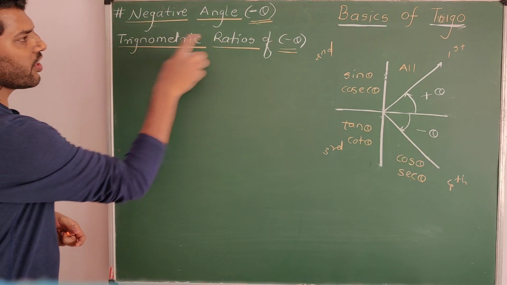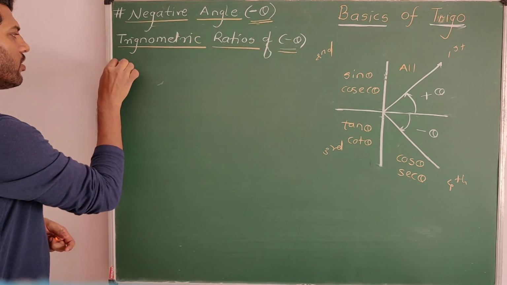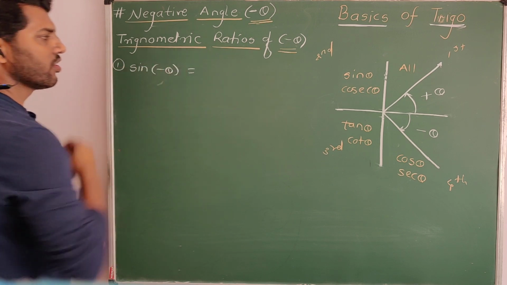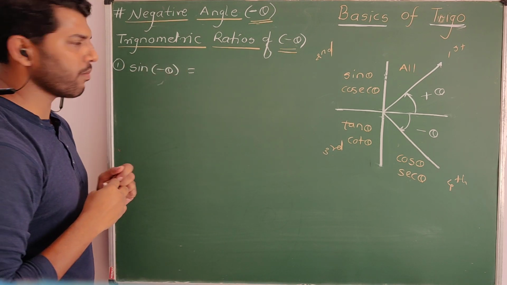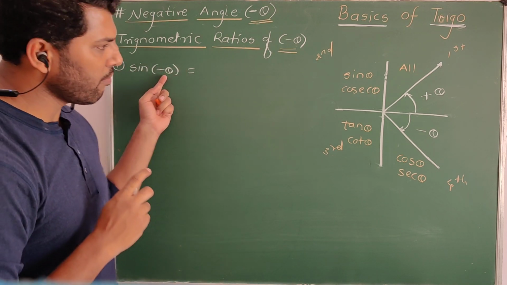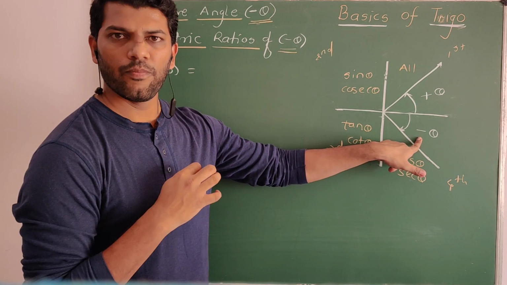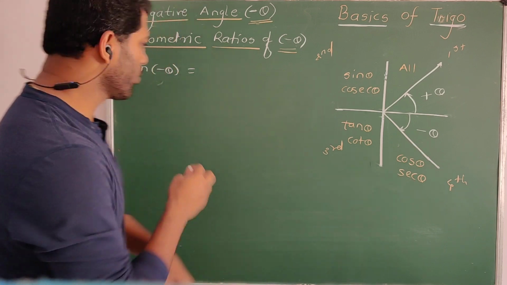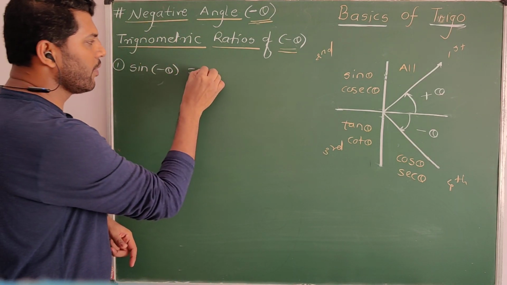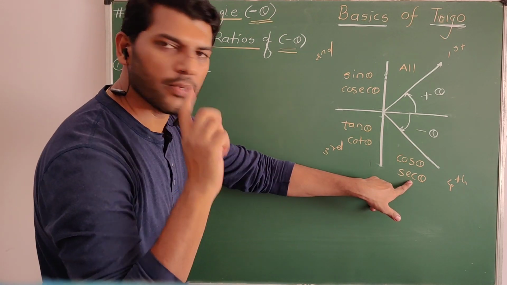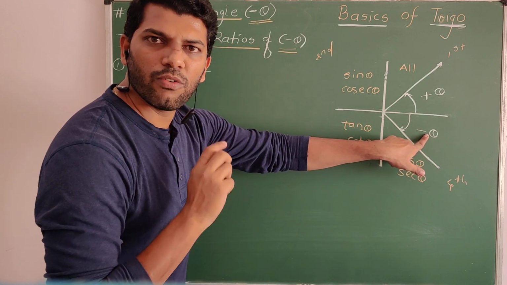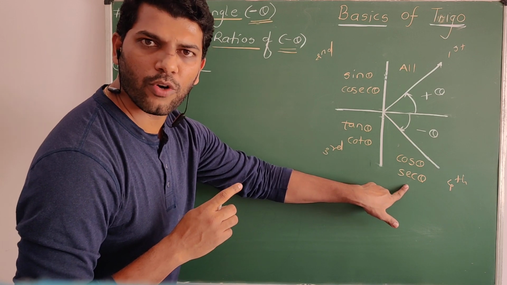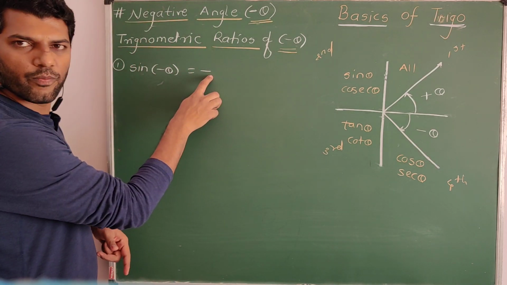So let's find the trigonometric ratios of negative angles. The first one is sine of minus theta. What is the value of sine of minus theta? Please understand, minus theta means fourth quadrant, and in the fourth quadrant only cos and sec are positive, which means sine is negative.